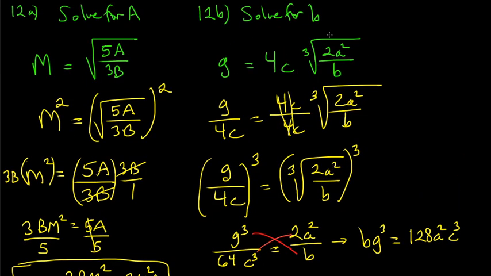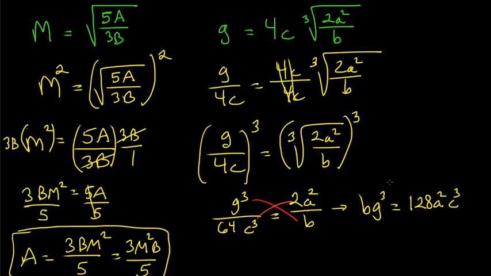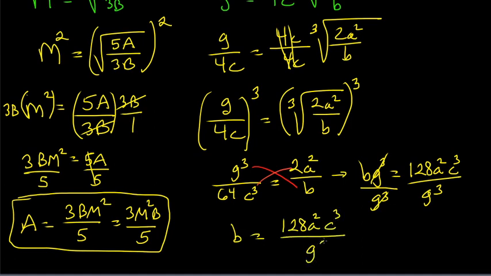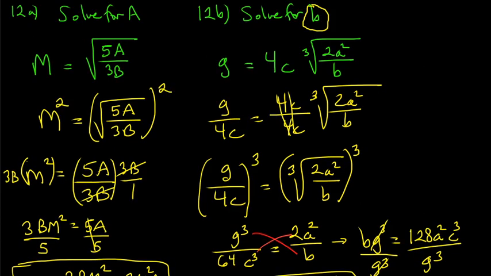Remember, we're solving for b, but we have bg cubed, so divide by g cubed. So that these cancel. So b is just going to be 128 times a squared times c cubed, all divided by g cubed. And that's part B for number 12.